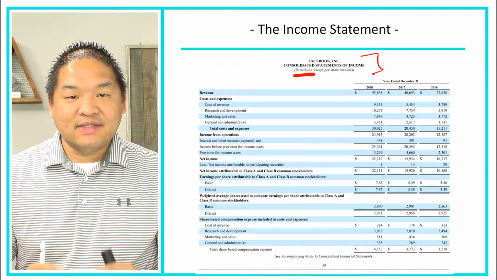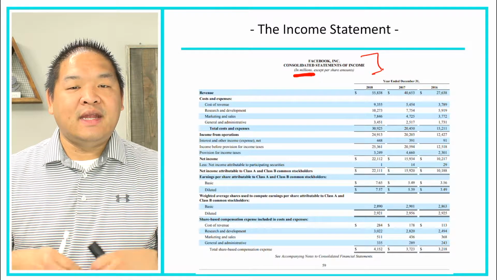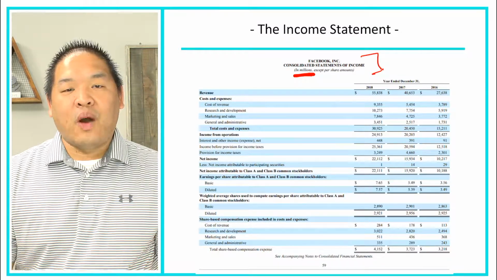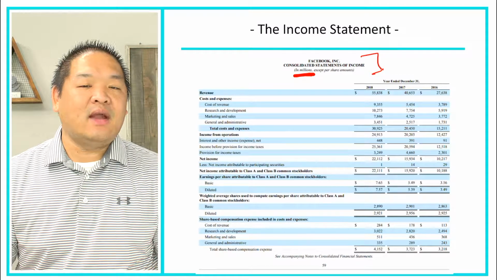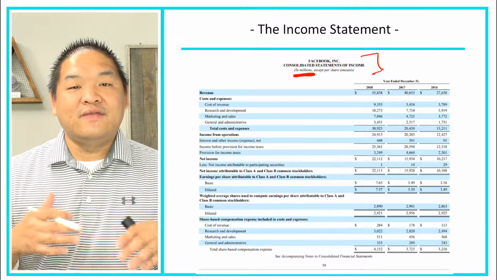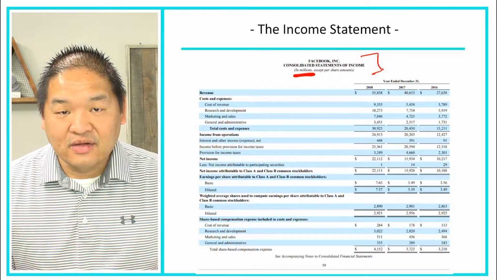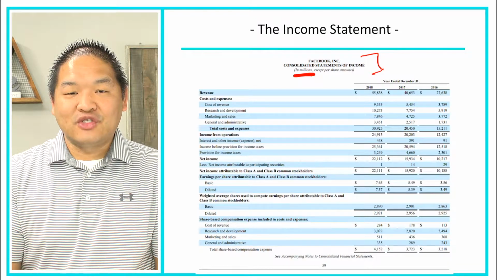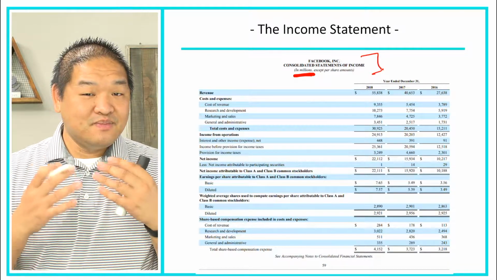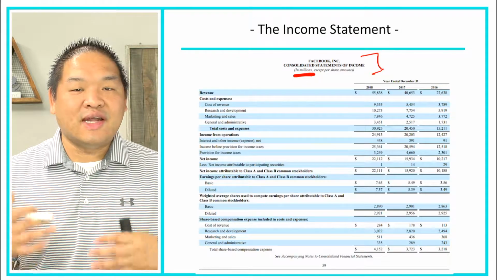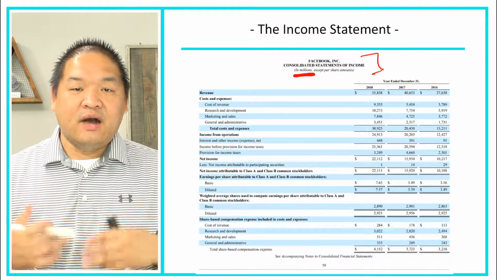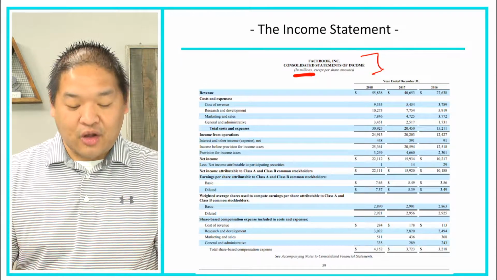So all of these numbers are reported in millions of dollars. Why? Because the shareholder doesn't care about the pennies or even the $100,000, because if you look at the numbers, they're so big that those $100,000 are not going to change the opinion of the user. And we'll talk about that later on.